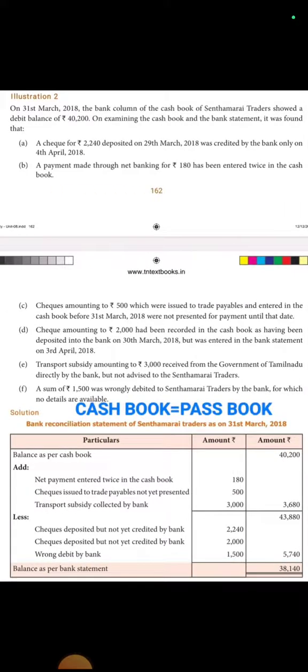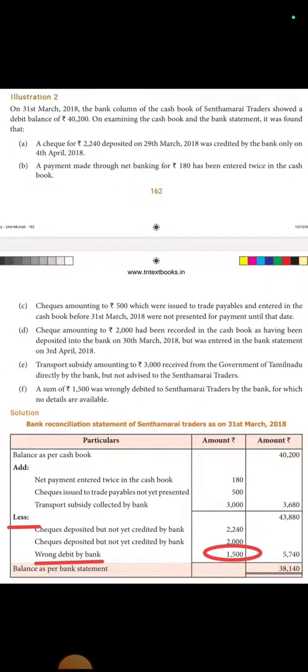So what we have to do? We also have to do the same thing as the bank statement. Then only bank statement is equal to the cash book or cash book is equal to the bank statement. So for that, in the subtracted column we have to write wrong debit by bank rupees 1500, entered in the amount column.